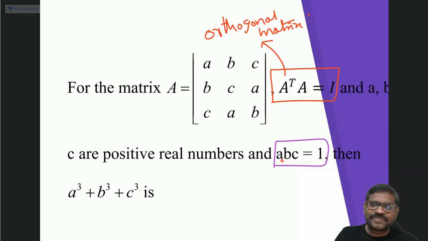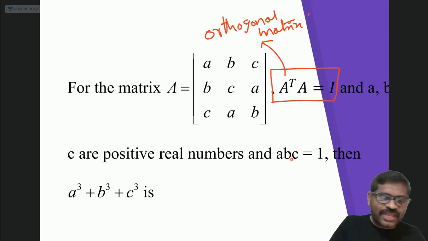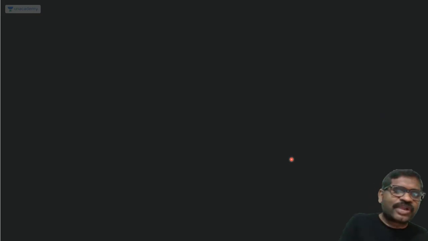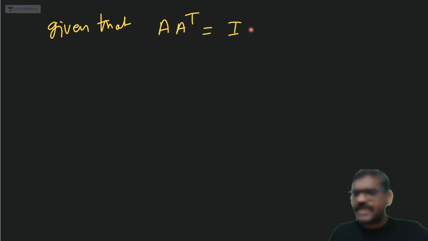Concentrate here. First, what is given in the data? First, you have to concentrate on what is given. Given that A into A transpose equal to I. Concentrate here. How I am processing the data. You observe keenly.